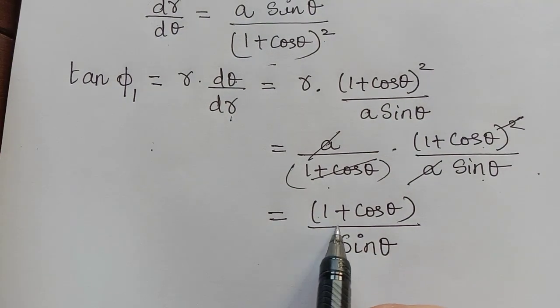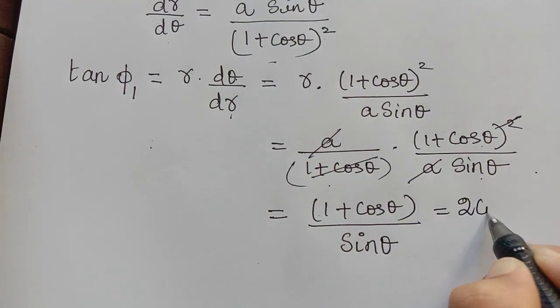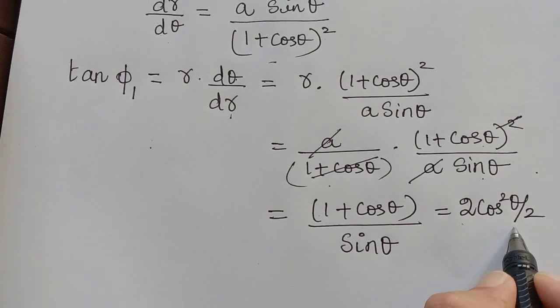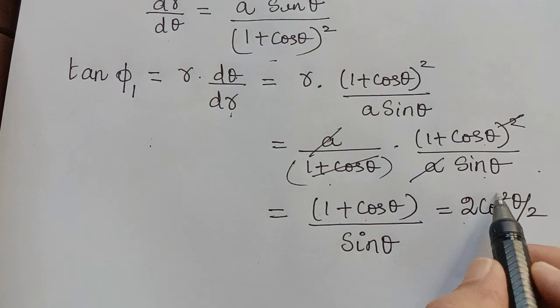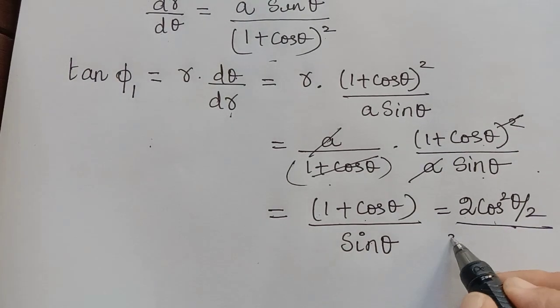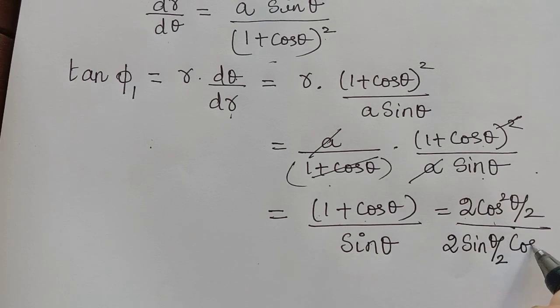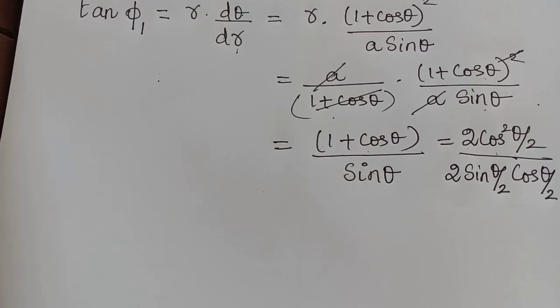But we know that 1 plus cos theta can be written as 2 cos squared theta by 2. We are using a trigonometric identity over here, where 1 plus cos theta is equal to 2 cos squared theta by 2, divided by sin theta, which can be written as 2 sin theta by 2 cos theta by 2. Again we are using another identity from trigonometry.